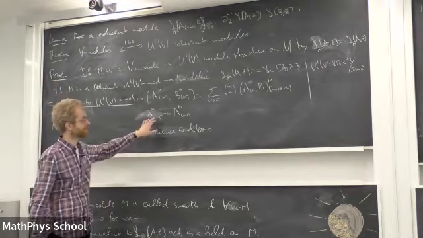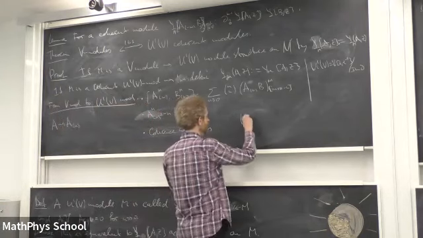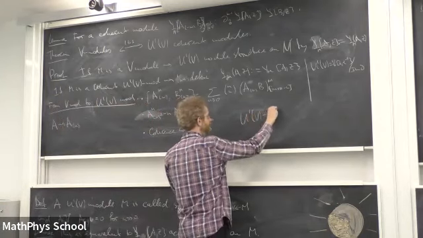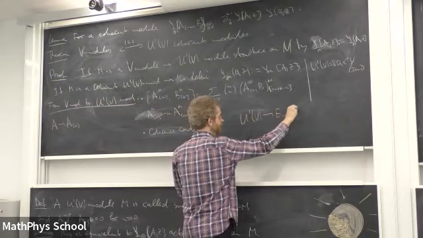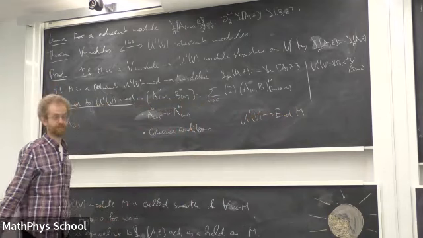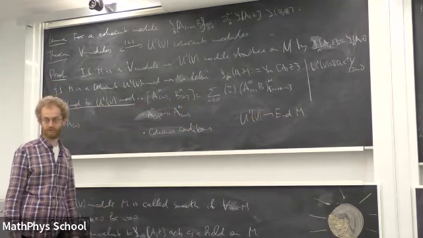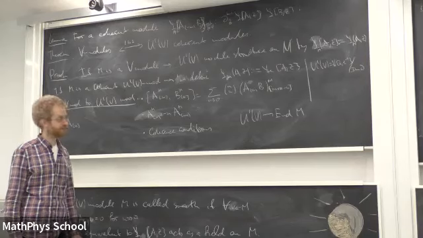Well, this would mean that we have a map, so what we want is a map from U prime of V to End V and L, right? This is what we want. And this should be a map of Lie algebras, right?